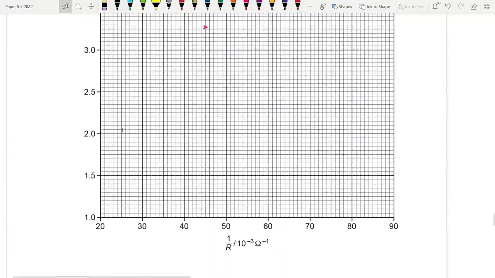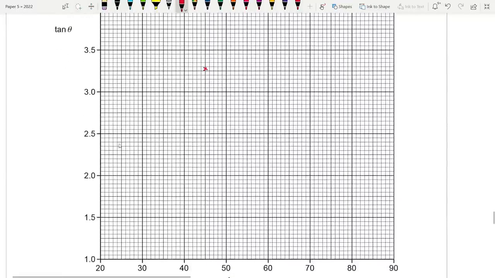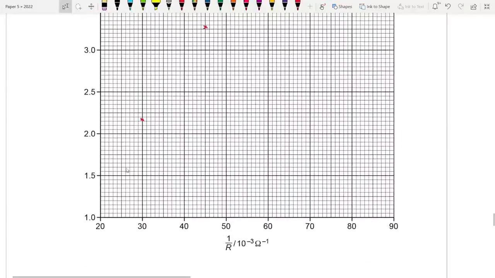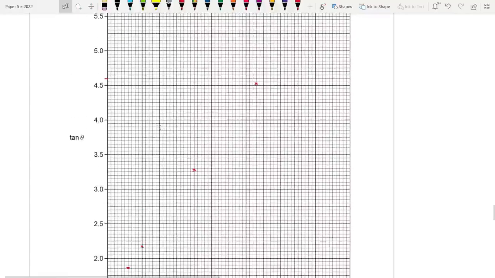This is 2.1, 2.2, 2.16 should be over here. Now 26 and 1.86. 1.86 is over here. Last point, 23 and 1.68. So 23 and 1.68 over here. Okay, that's it.